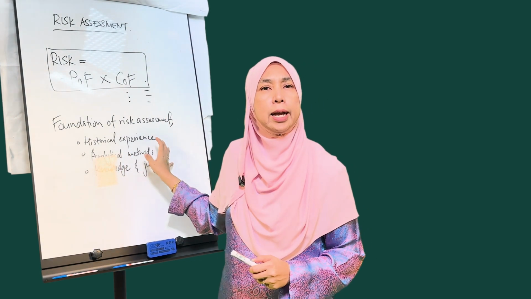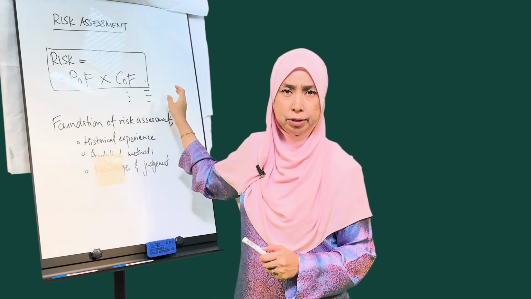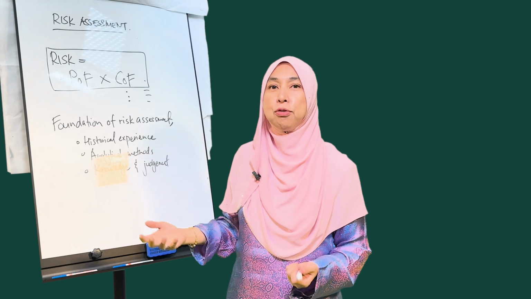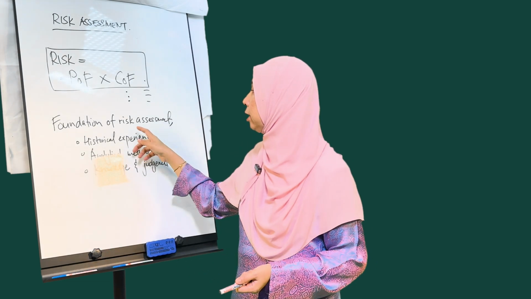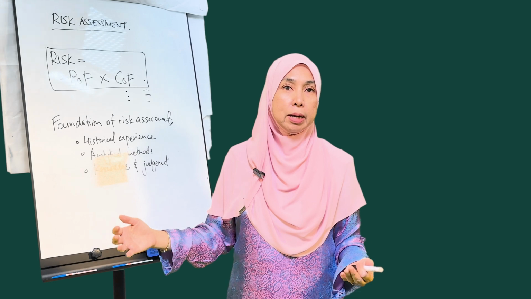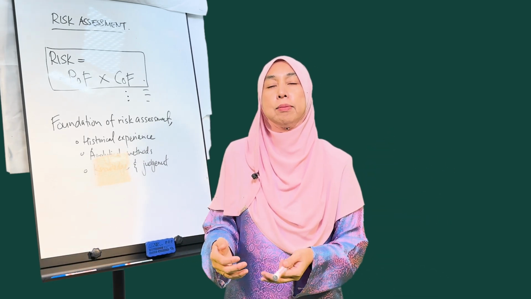Because of that, the foundation of risk assessment, the foundation of this equation, is heavily based on these 3 kinds of data. First, you need the historical experience: what has happened to the pipeline over time, from when it was born, being laid, being operated.